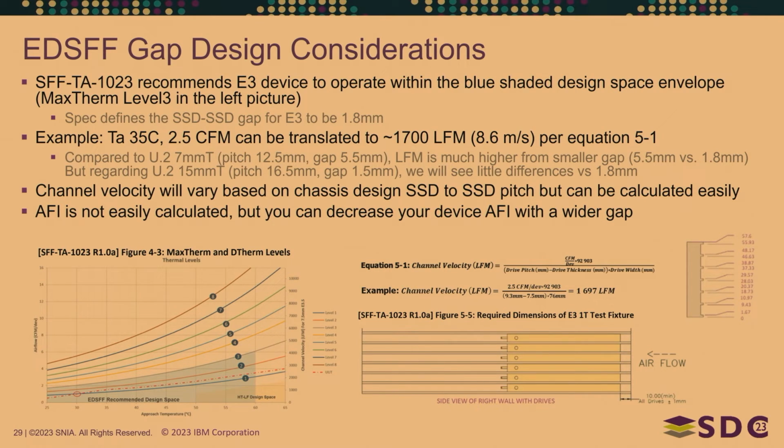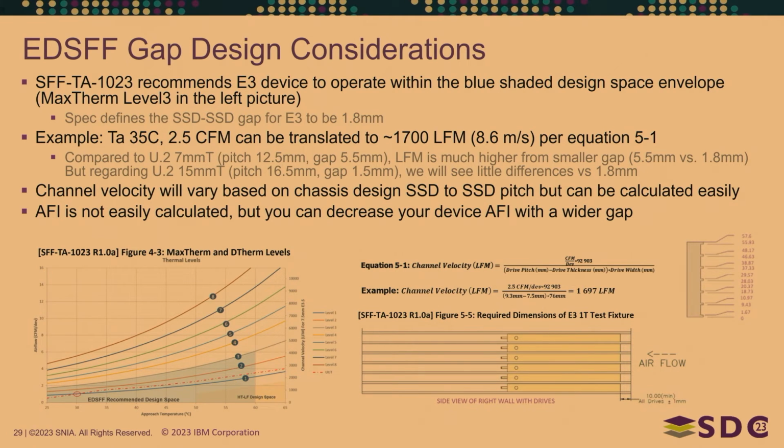It's very similar to what is being recommended here for the EDSFF spec. So definitely the channel velocity varies depending on the gap between your SSDs, but it can be calculated easily.